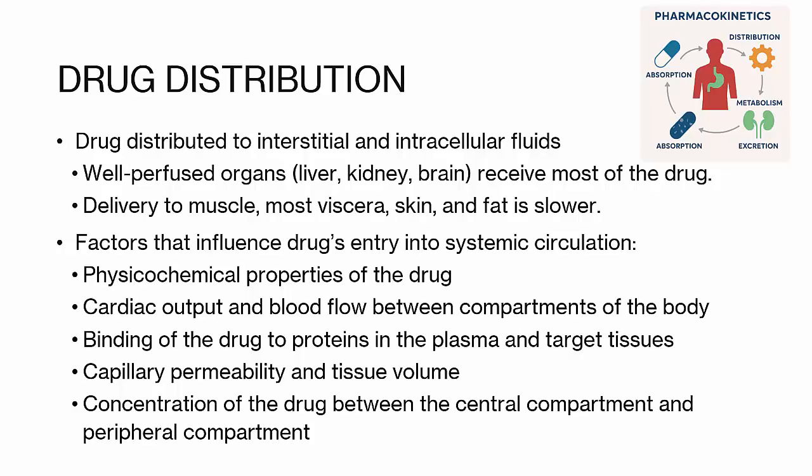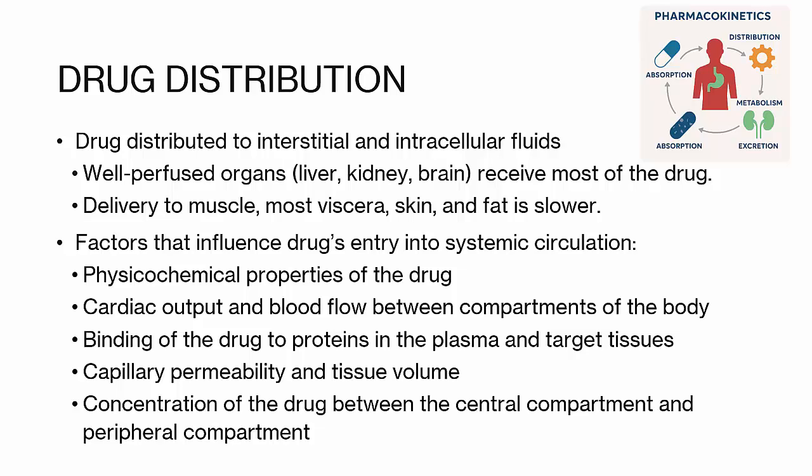Initially, the liver, kidneys, brain, and other well-perfused organs receive most of the drug. Delivery to the muscles, most viscera, skin, and fat is slower. Thus, distribution of the drug is determined by its movement between the blood, the vascular compartment, and the interstitial fluid that surrounds the cell of the target tissue.